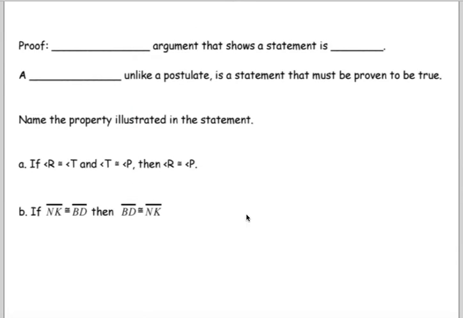Here it says proof. A proof is a logical argument that shows a statement is true. And a theorem, unlike a postulate, is a statement that must be proven to be true.